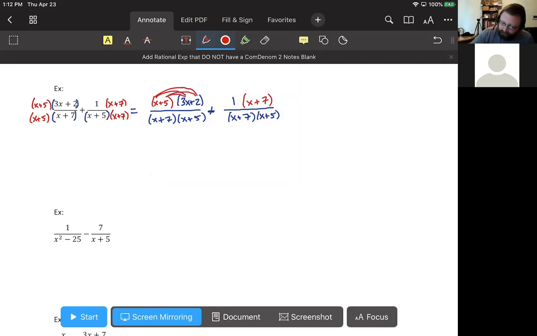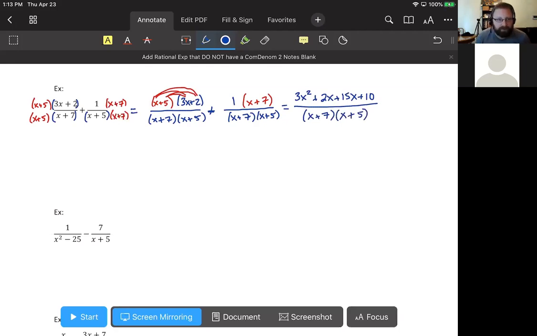So we need to do x times 3x, which would be 3x squared, x times 2, which would be 2x, 5 times 3x, which would be 15x, and 5 times 2, which would be 10. So we have to multiply those two binomials out. Leave the denominator alone. Just leave it as x plus 7 times x plus 5.